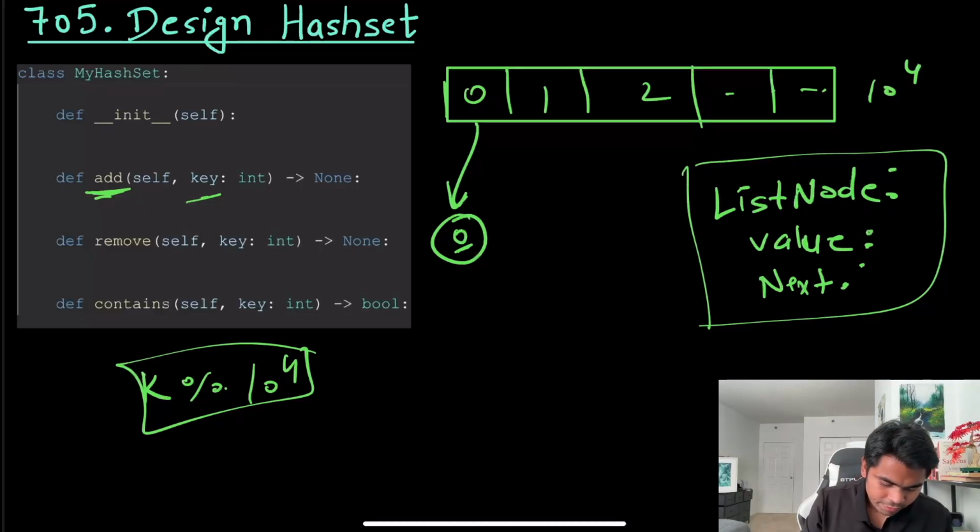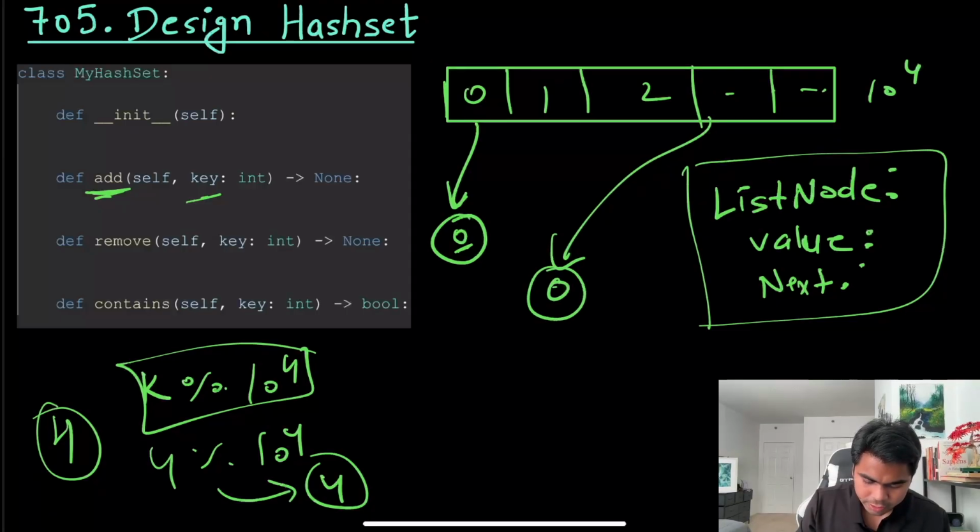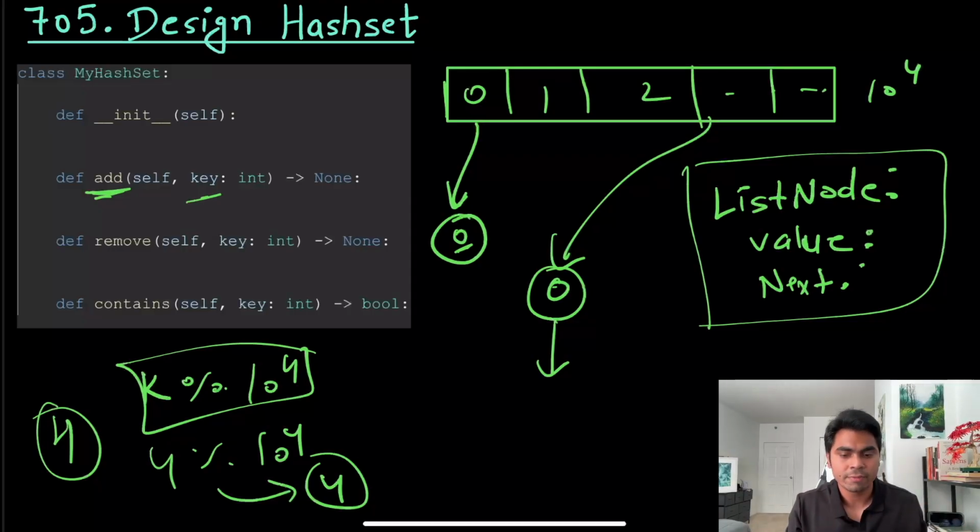So if I were adding 4, then 4 mod 10 to the power 4 will give me 4, which means somewhere here this will be pointing to a list node, and then I can traverse to see if there might be other values already present. Then I will just place it right here, and that's it.